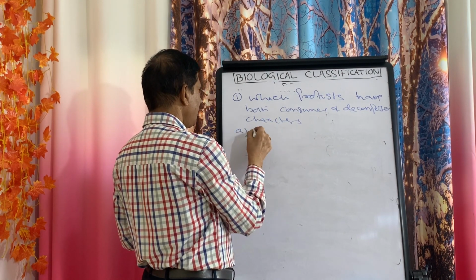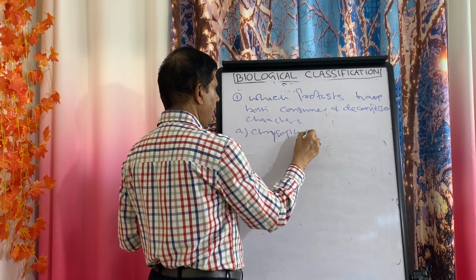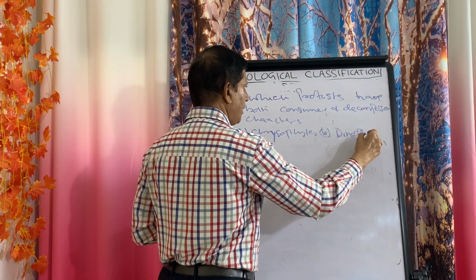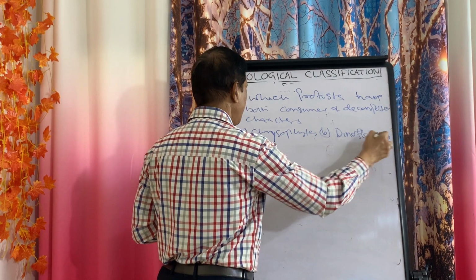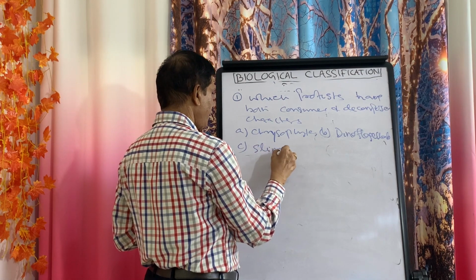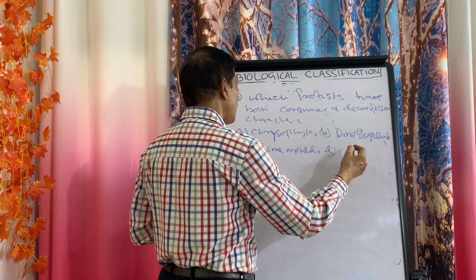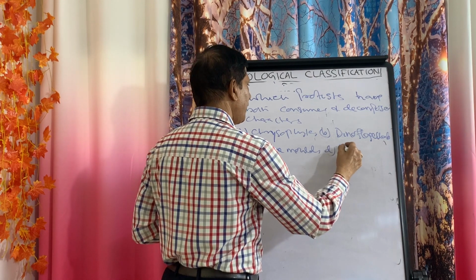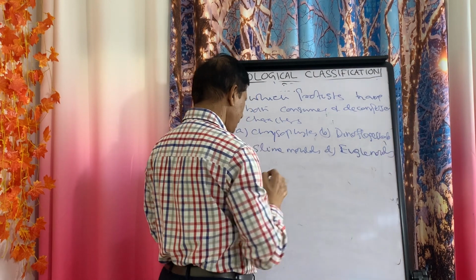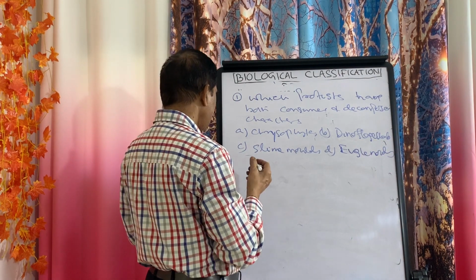A choice chrysophytes, B choice dinoflagellates, C choice slime molds, D choice I can go for euglenoids. This is one question.